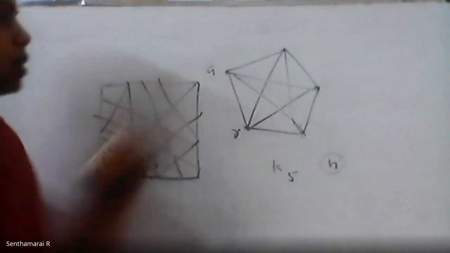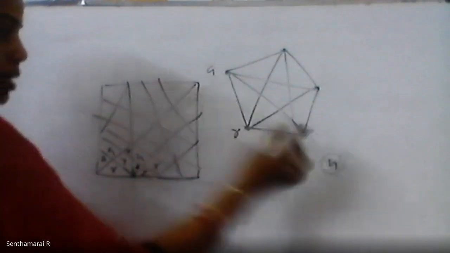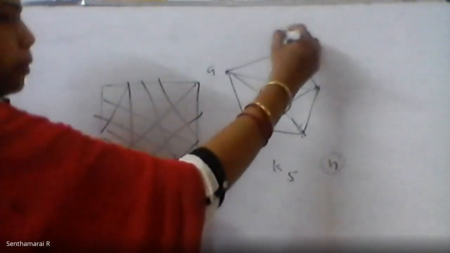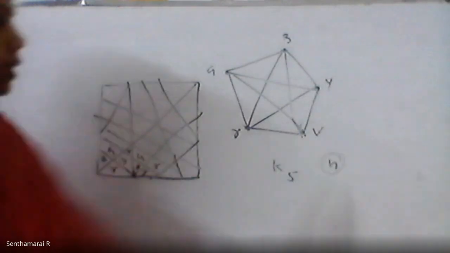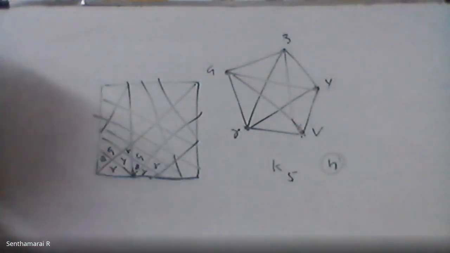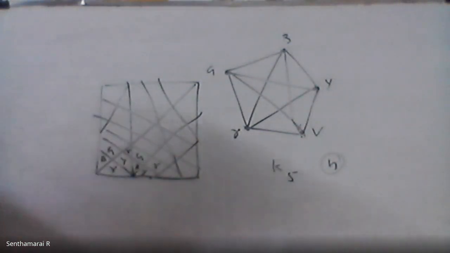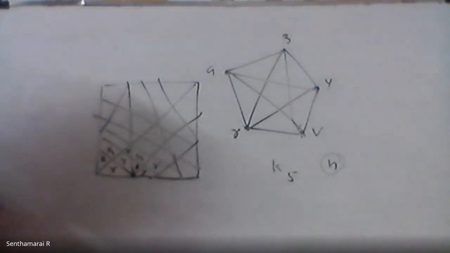So I have to use different colors: red, green, blue, yellow, violet. So every complete graph with n vertices needs n different colors. This is a repeated university question.